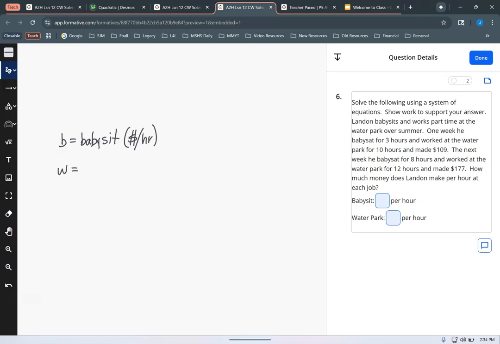Like in the last question, we had a cost amount. We knew that the costs were the coefficients, like $1.50 and $5. This is again another dollar amount.